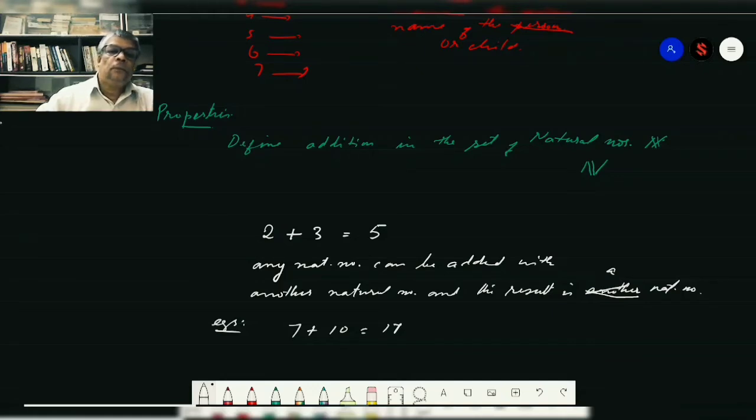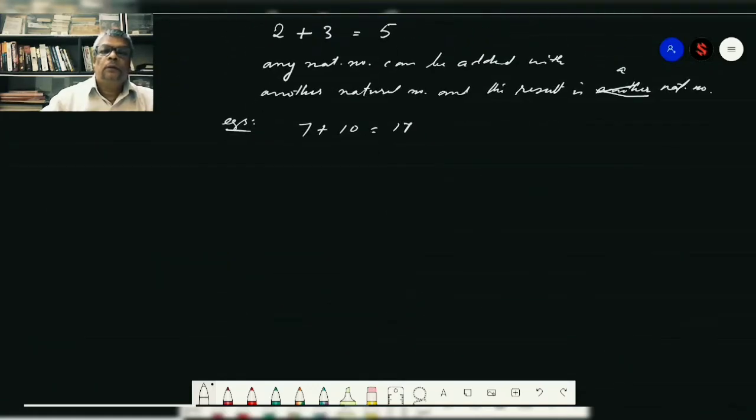Now, suppose we are adding the same number to the same number. For example, suppose you take say 5 and add it with the same number 5. In that case, you say that it is 2 times 5, and you know the answer is 10.